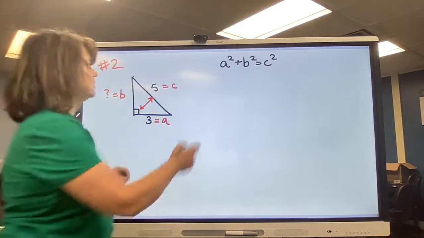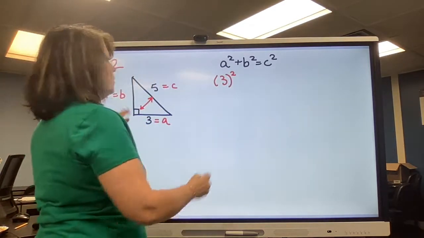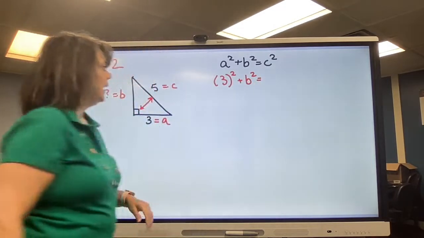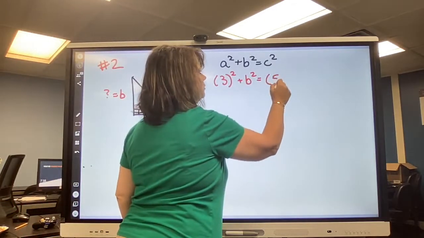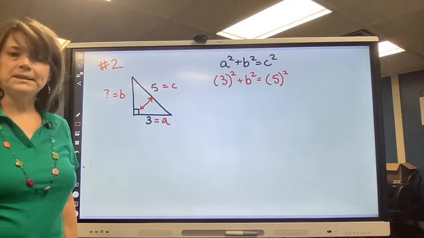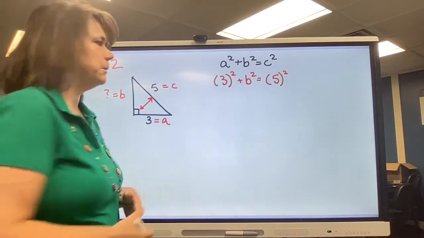So our a is 3, so we're going to substitute in 3 and square it. We don't know what b is, so we keep that the same. And our c value in this example is 5. So we're going to substitute that in where we see c. So now we have 3 squared plus b squared equals 5 squared, and we're looking to solve for b. No problem.